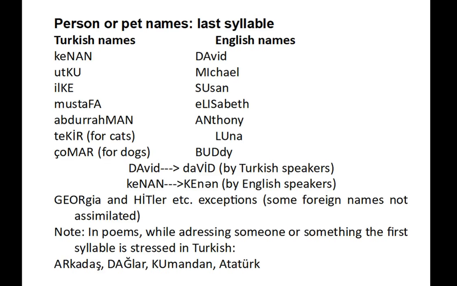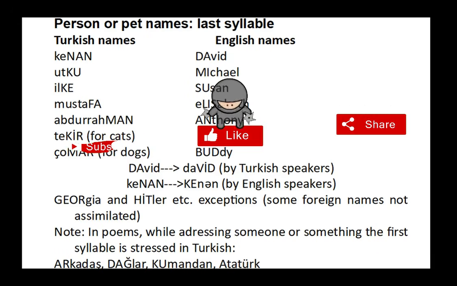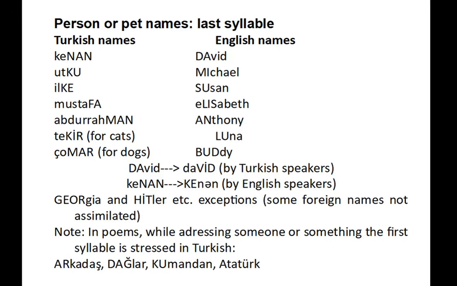What about person or pet names? Last syllable is stressed, like Kenan is my name. Utku, İlke, Mustafa, Abdurrahman. Tekir is a pet name. Çomar is a pet name, a dog's name. But compare it with the English names like David, Michael, Susan, Elizabeth, Anthony, Luna, Buddy.